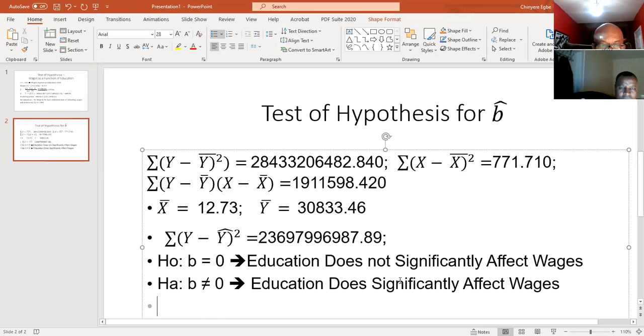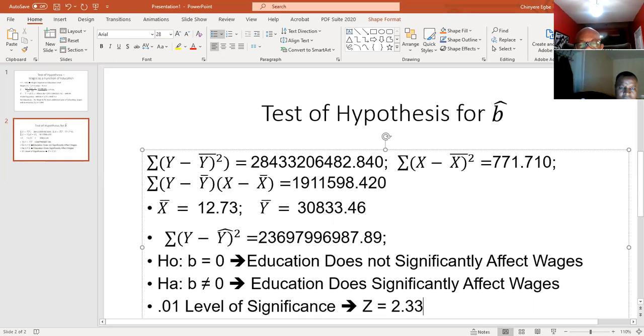We test at, I'm going to select the level of significance. I'm going to use 0.01 level of significance. We have a large sample size, so Z is equal to 2.33. We use a Z of 2.33. That's our level of significance.